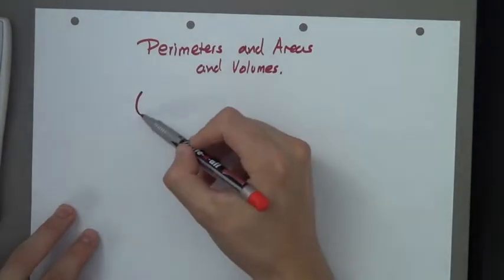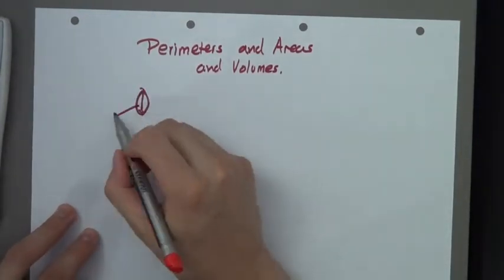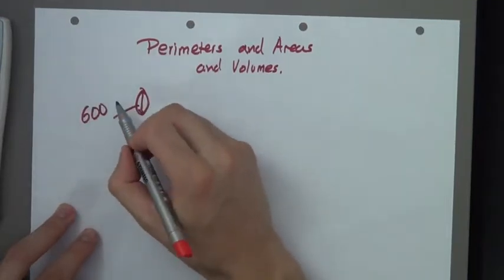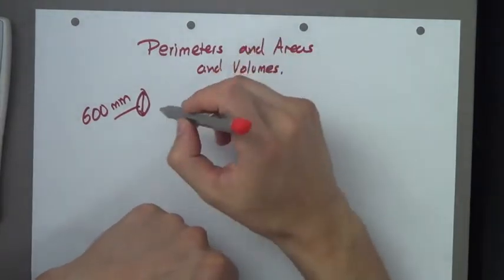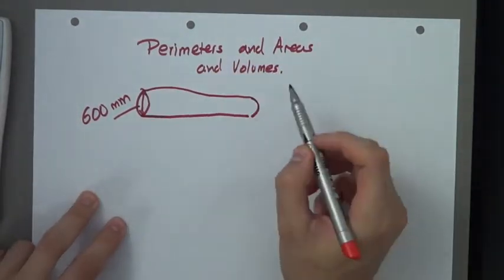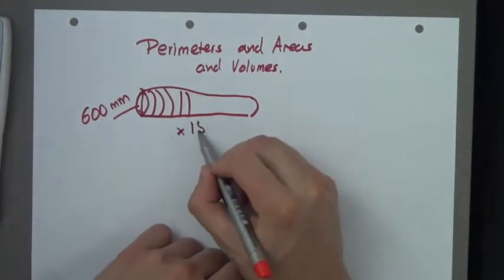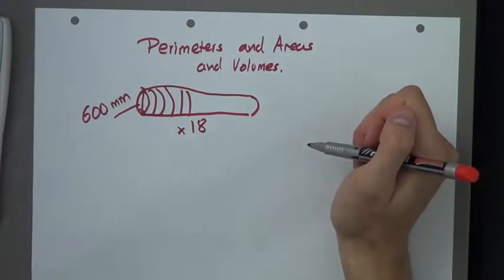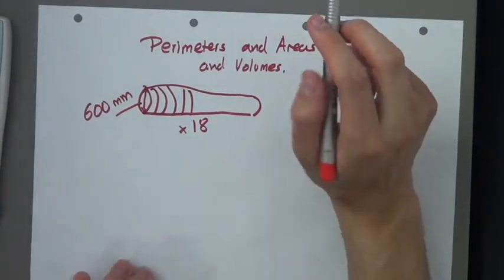So, draw a diagram. We know that the diameter is 600 millimeters of this cylindrical pipe, and there's a rope that wraps around 18 times. It asks us how long is the rope.